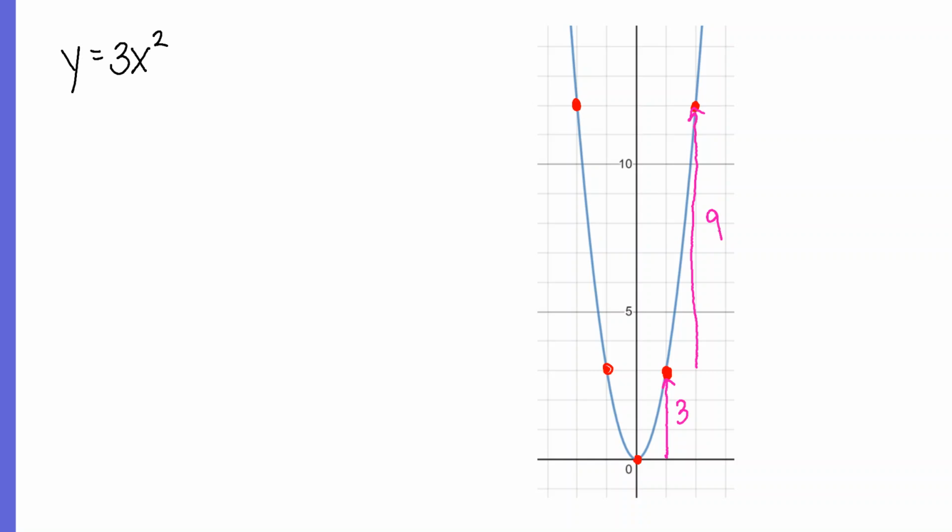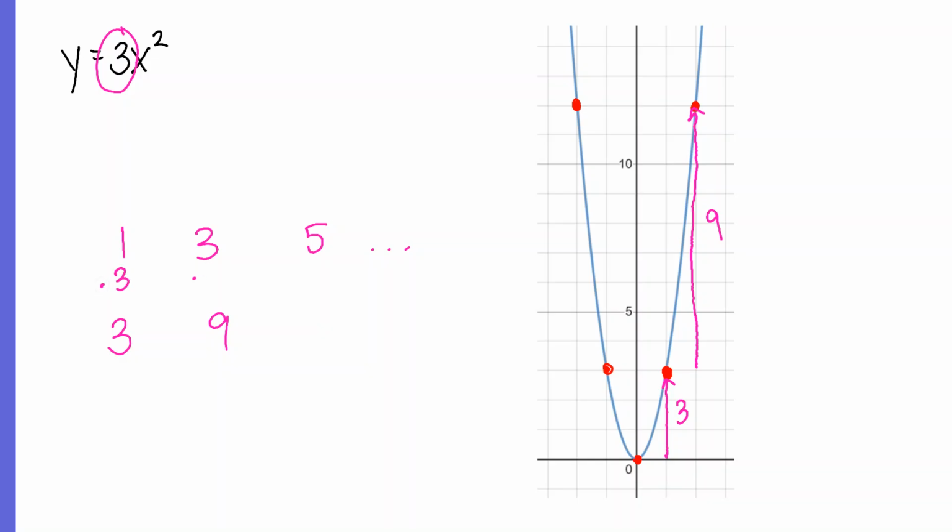So if in the parent function, the pattern was 1, 3, 5, and so forth, if we look at what's happening here, now it was 3, then 9, and that is all we had from the graph. But notice the a value is 3.